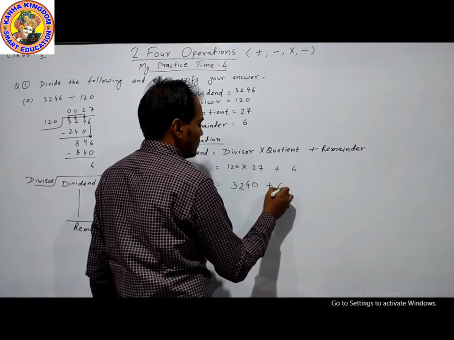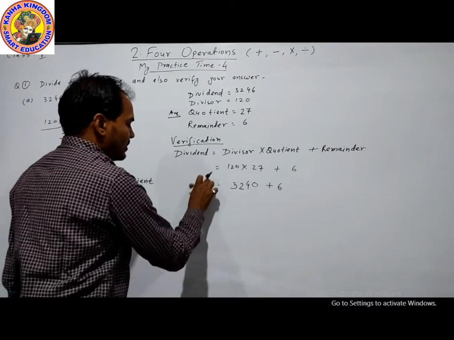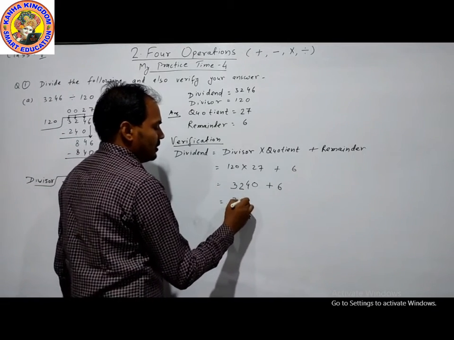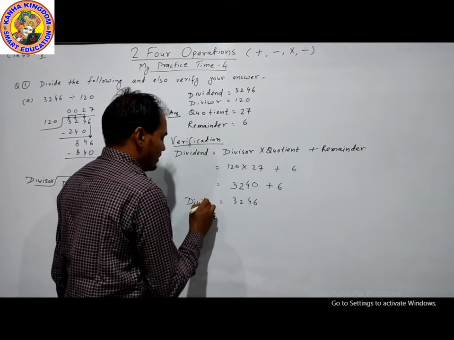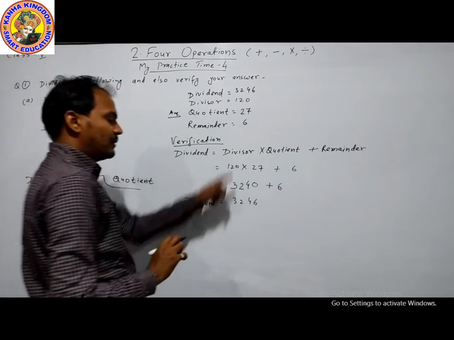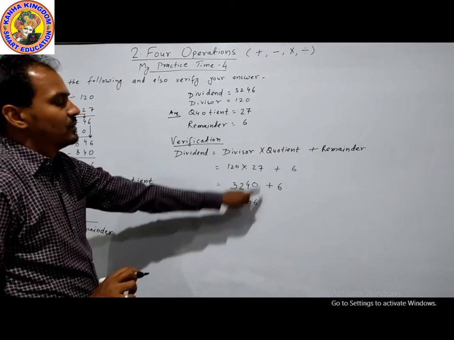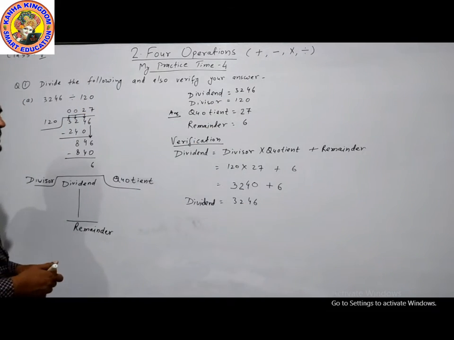Now plus 6, 3246. This is our dividend, which we get by the formula. The dividend is 3246. So our answer is correct.